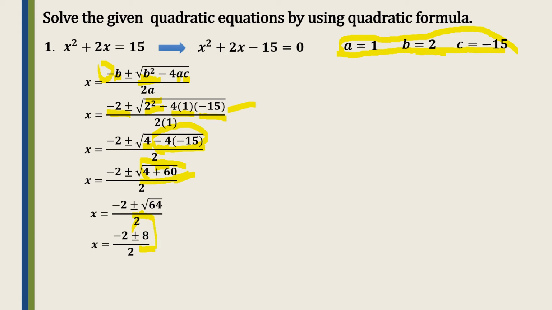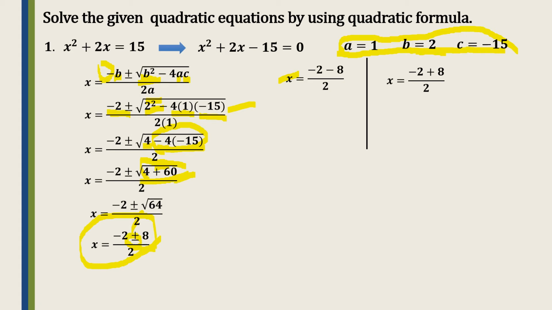Hindi pa dito nagtatapos ang pagsusolve. Ang ibig sabihin ng plus, minus, meron tayong dalawang equation. We have this one, x equals negative 2 minus 8 all over 2, and x equals negative 2 plus 8 all over 2.